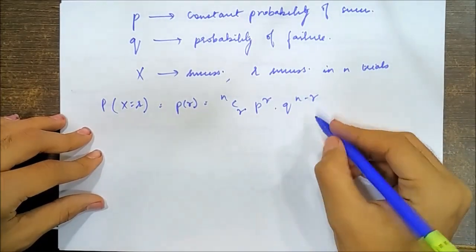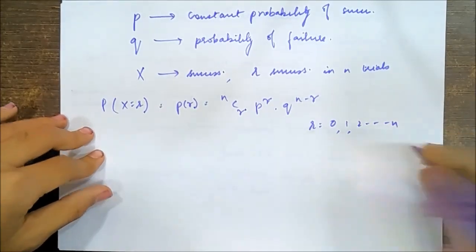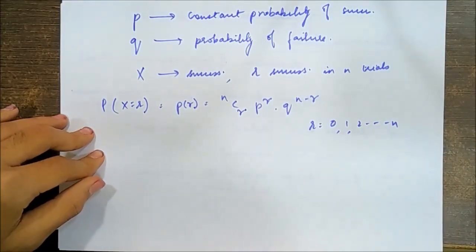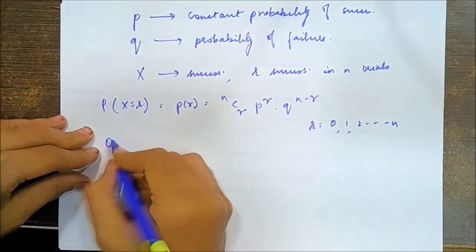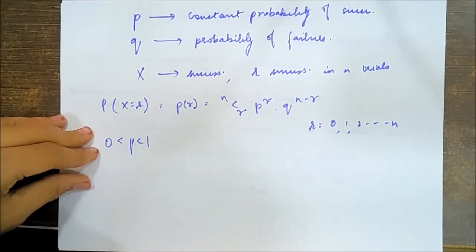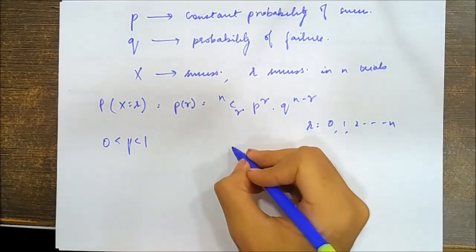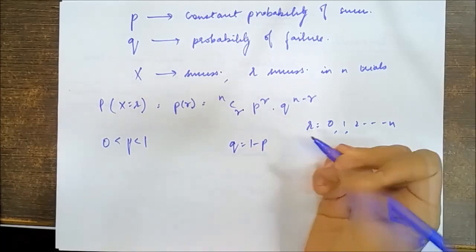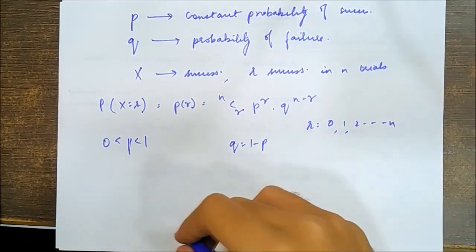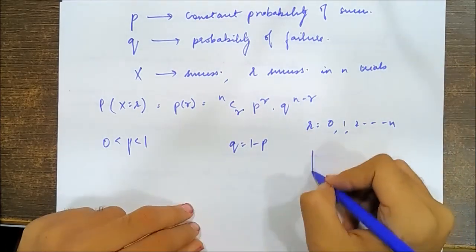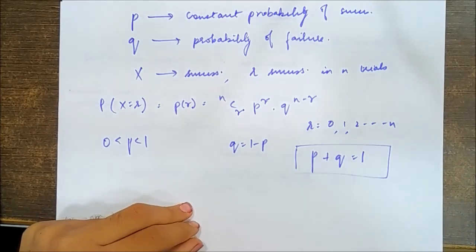What is r? r is 0, 1, 2, up to n, the number of trials. The probability of success always lies between 0 and 1, and q is equal to 1 minus p, because p plus q is equal to 1: the probability of success plus the probability of failure is 1.